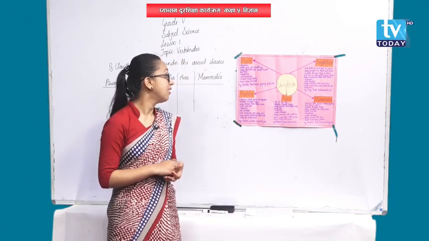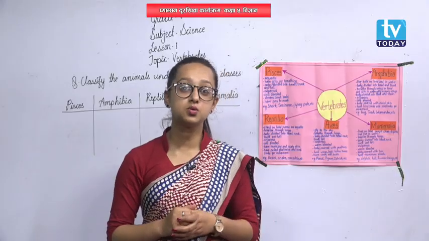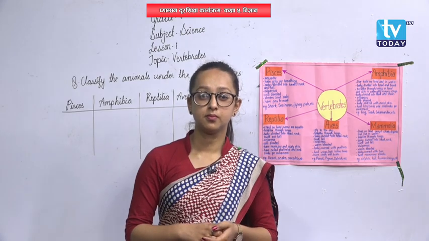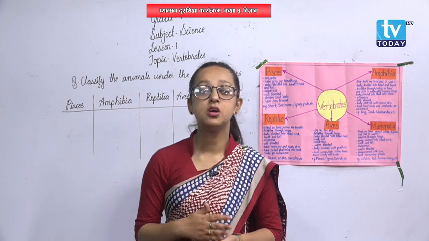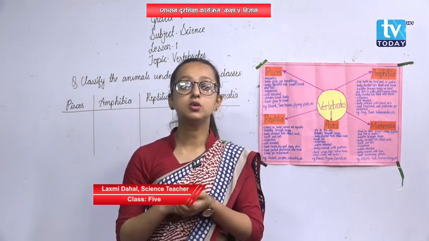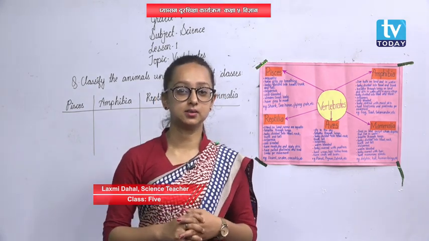Also, they are cold-blooded animals as well. What are cold-blooded animals? Is this term new to you? Okay, if it's new to you, then let me tell you, the animals that can change their body temperature according to the change in the environment are called cold-blooded animals.